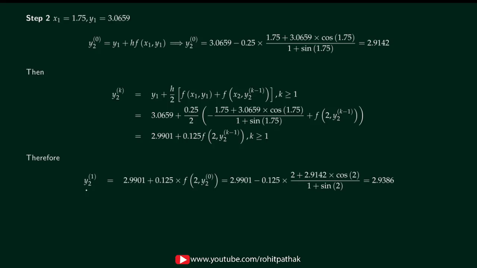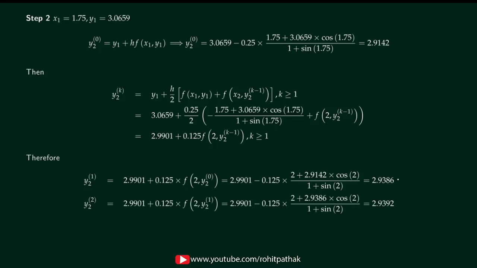So if we find y21, put k equal to 1. Here y20 was obtained already in the previous step by using Euler's method, so use this y20 here. y20 is 2.9142. Using this y20 we find y21, which is a better approximation to y2, and it is found to be 2.9386.